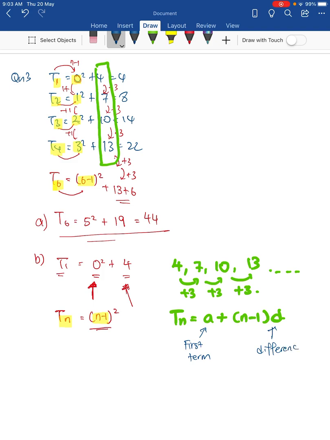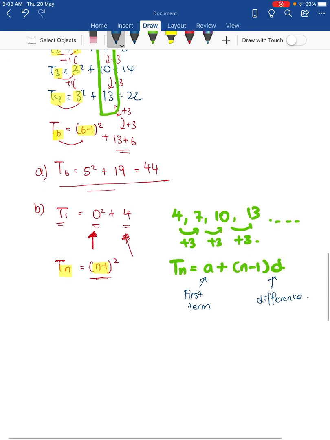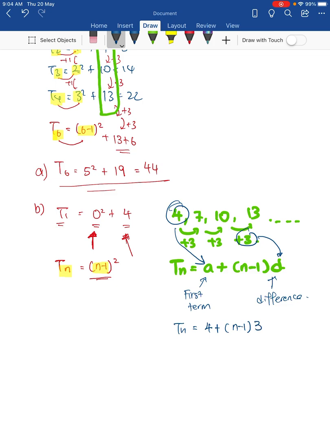I don't know if any of you can recall this. So in this case, the a will be 4, and the difference will be 3. So all we need to do is plug in the values: 4 plus n minus 1 times d, which is 3. And if we simplify, it will give us 3n minus 3, and therefore 3n plus 1.